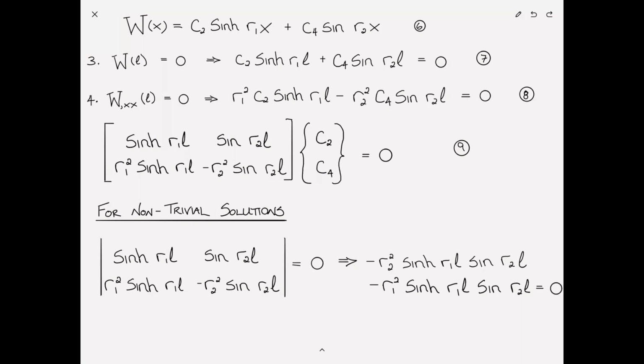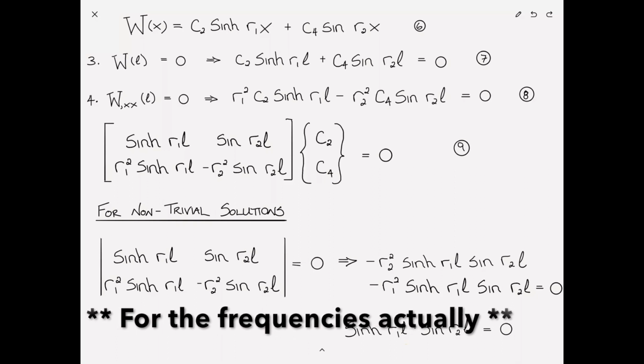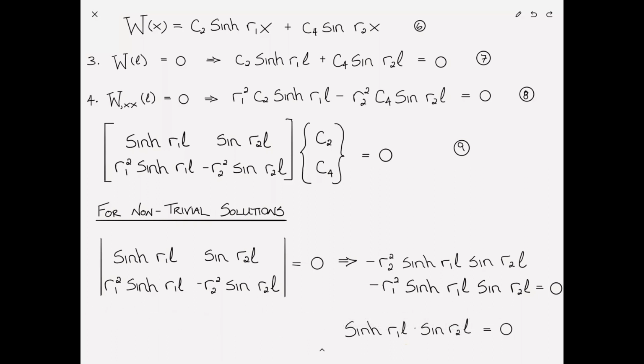Since both r1 and r2 are not 0, it means that sinh r1L times sine r2L must be equal to 0. This, in fact, gives us the transcendental equation for the mode shapes: sinh r1L times sine r2L is equal to 0. Let's give these some numbers, number 10 and 11. We'll put a box around this intermediate solution.